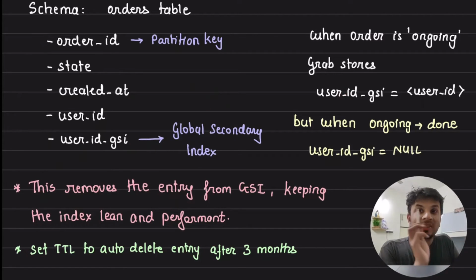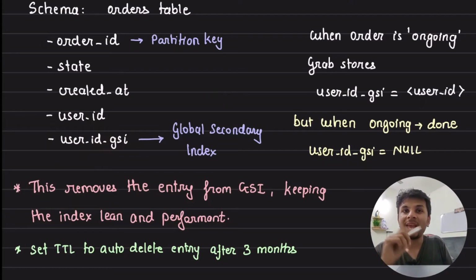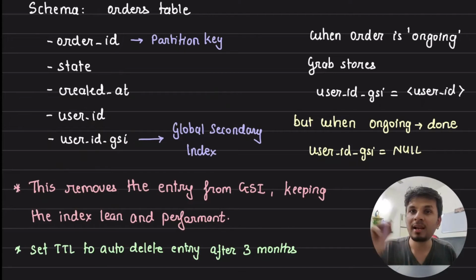Then when the order is moved from ongoing to done, they set this attribute to null. User ID is still there, but user_ID_GSI is set to null. As soon as this is set to null, the entry is removed from the global secondary index because that index does not hold anything for null.